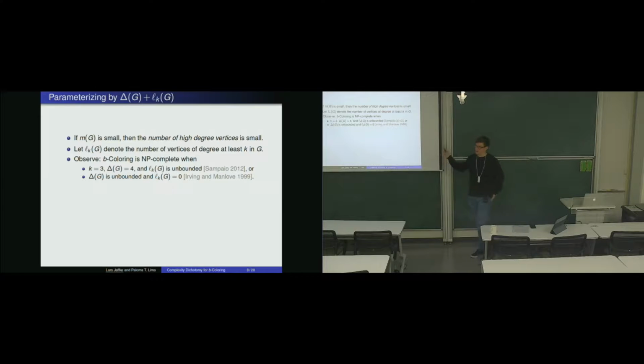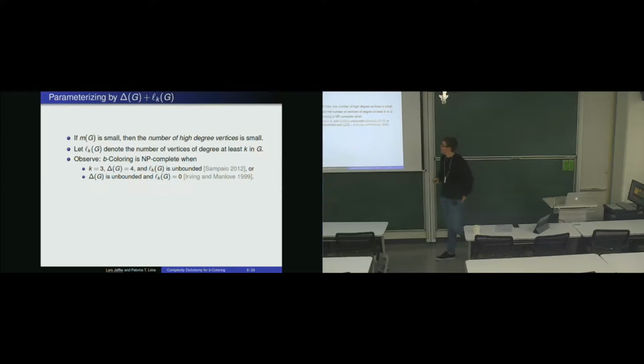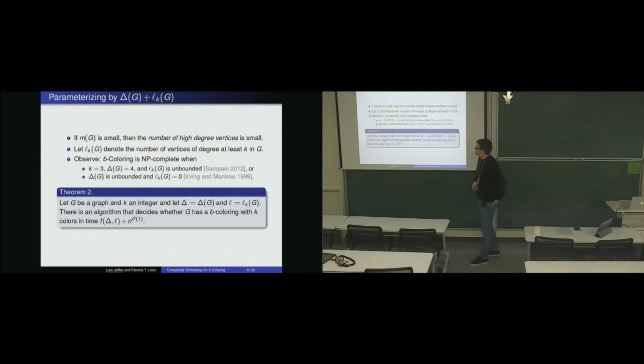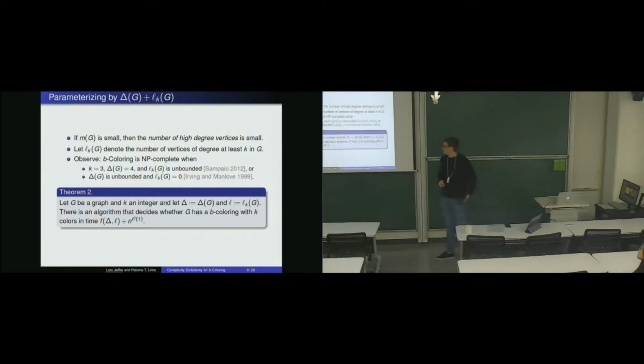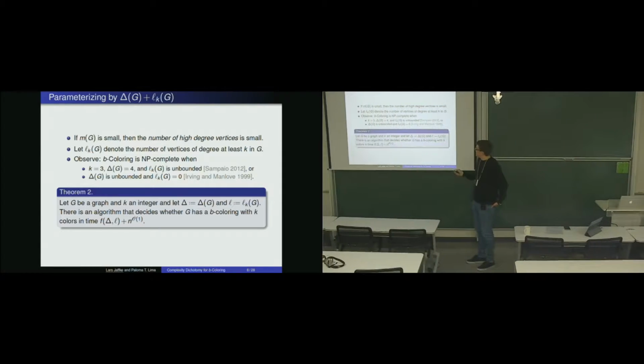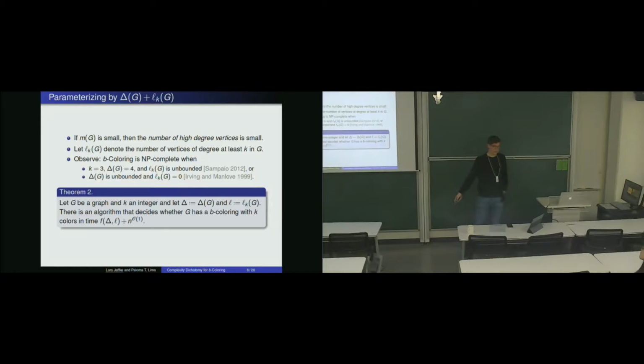This is just a reformulation of some of the results on the previous slide. So what we consider is the case when both of these quantities are small, and we show that we can test in time some function of the maximum degree and L plus polynomial in n whether a graph has a B coloring with K colors.